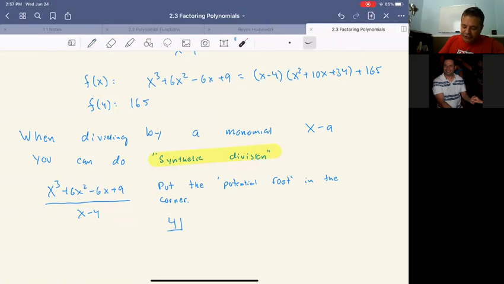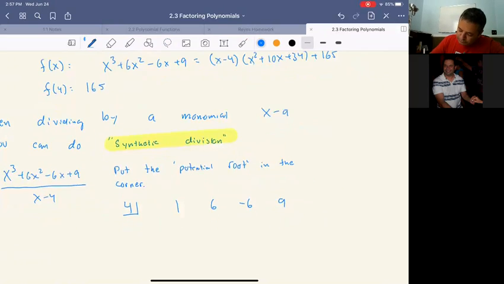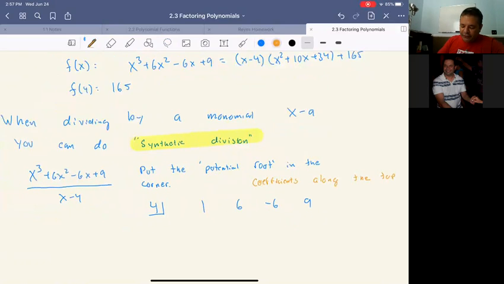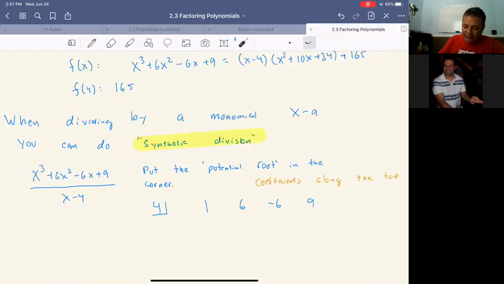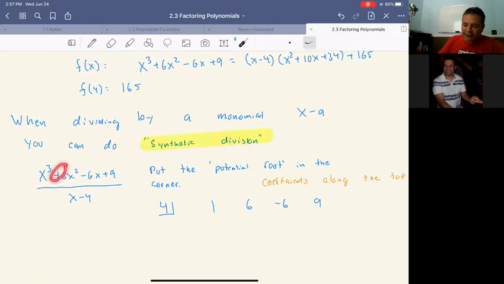What are the coefficients here? 1, 6, -6, and 9. If there's a term missing, you're going to need to have a 0 there.